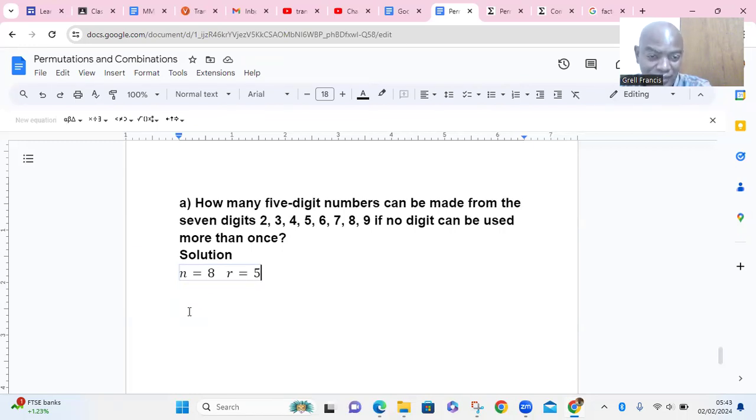Now, this implies selection and arranging, which is permutations.